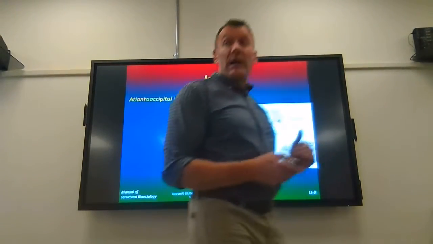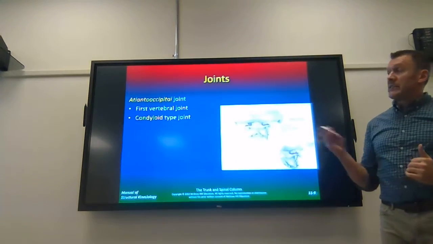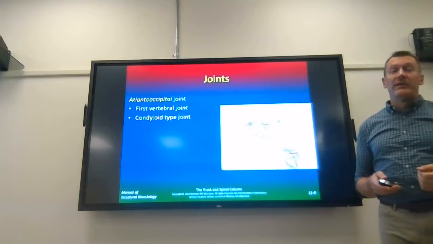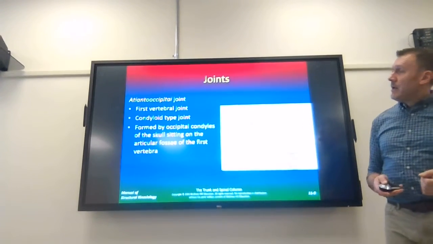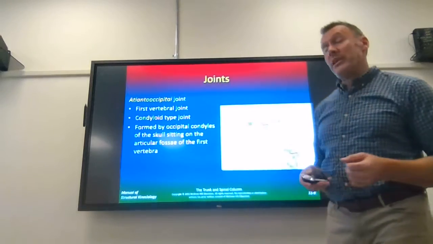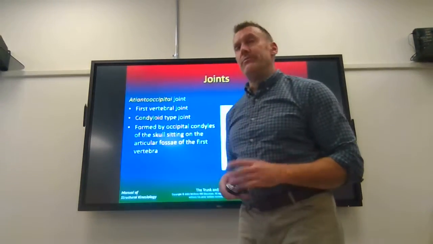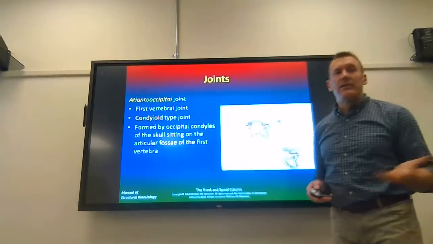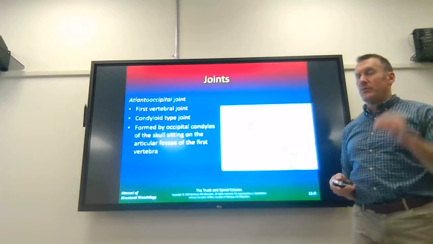Okay, so the atlanto-occipital joint you can see here. It's classified as condyloid. Another really good test question: condyloid. Condyloid means how many planes? Yeah, 2. That's the only one that has 2. They're either uniplanar or multiplanar, and condyloid is the one that's 2.